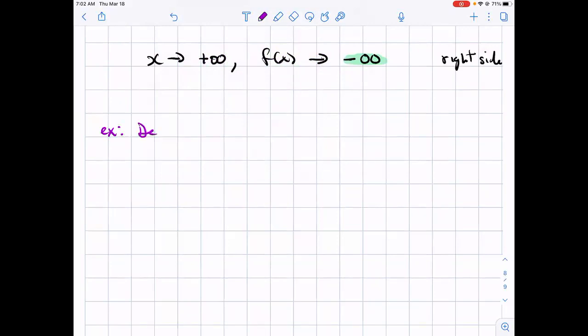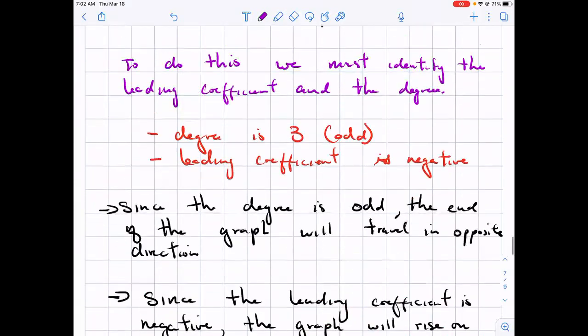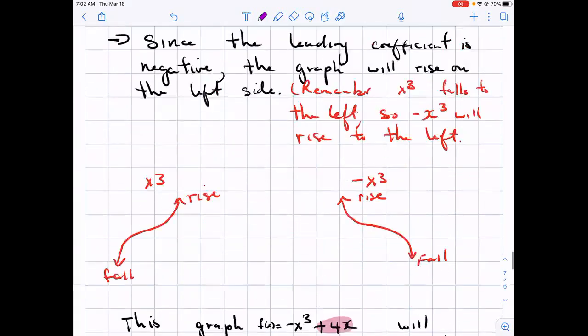Let's describe the endpoint behavior of h of x equals x to the fourth minus 5x squared plus 4. Very similar to what we did above, right? We'll identify the leading coefficient and the degree.